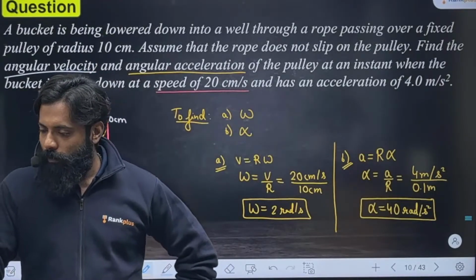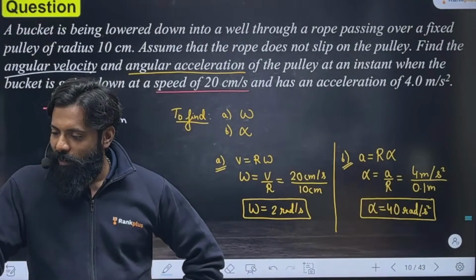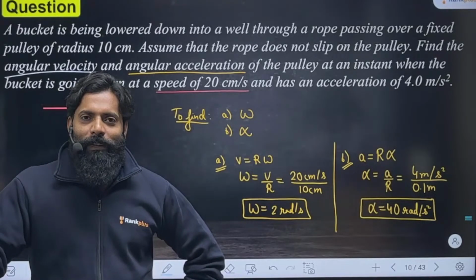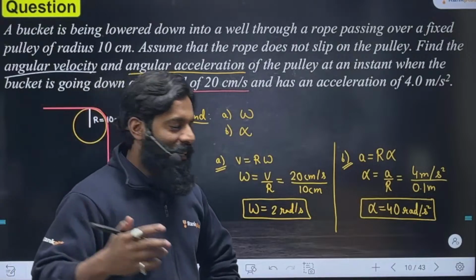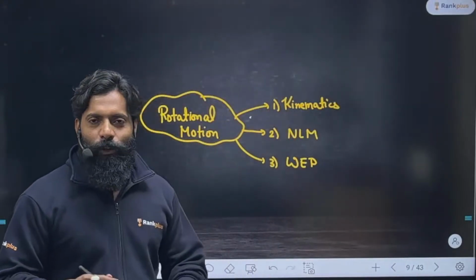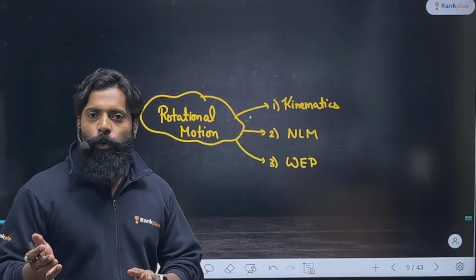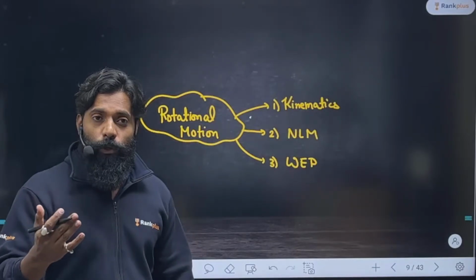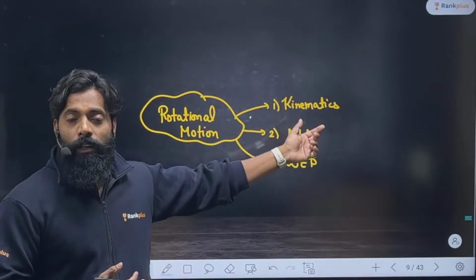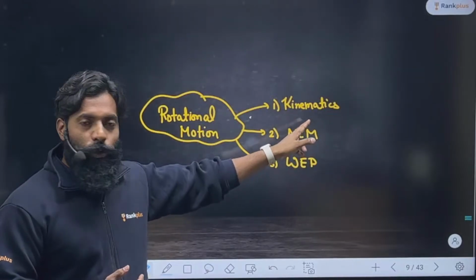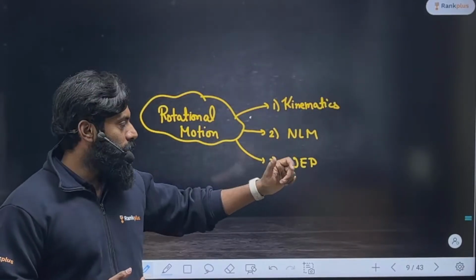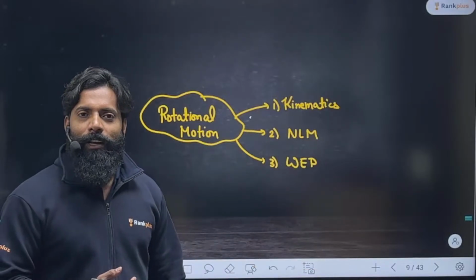Sometimes students feel that rotational motion is a very difficult topic. Rotational motion is not a difficult topic. Rotational motion is basically an extension of the topic which we have already studied. There you will find kinematics questions, numericals related to Newton's laws of motion, and questions related to work, energy, and power.